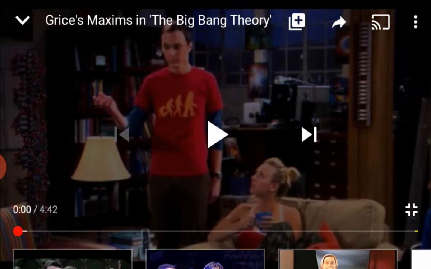So they explain in what situations each of the maxims is violated. I will try to explain when it's necessary, so pay attention. The four scenes are taken from a really known TV series called The Big Bang Theory. Probably you have heard of it or watched it before. So pay attention to the four maxims. They're going to go one by one, as I told you before.